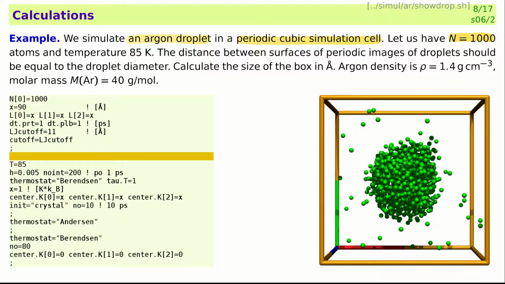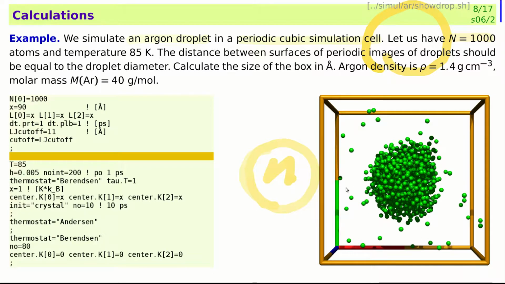But if this is one box, we will have another droplet of argon somewhere here, and another, let's say, here, and so on. So we must be careful that these droplets don't interact with themselves. It would be an interaction of a droplet with itself, so we would get quite unphysical results.